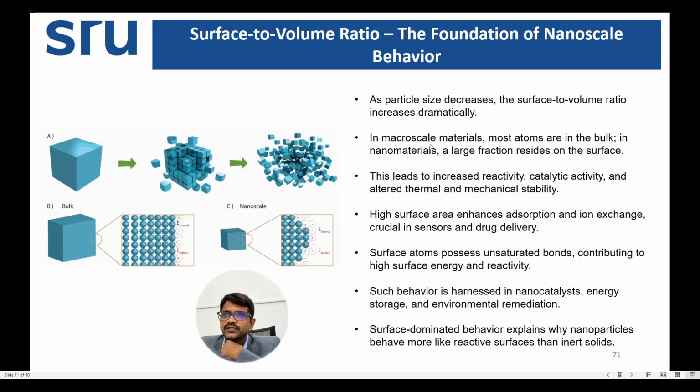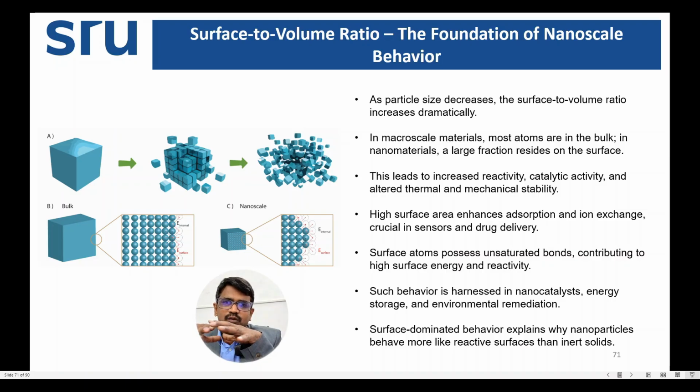In macro scale materials, most atoms are in the bulk. In nanomaterials, a large fraction resides on the surface. This is important. If you take a macro material, most of the atoms are within the material.